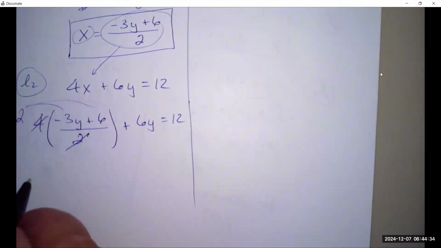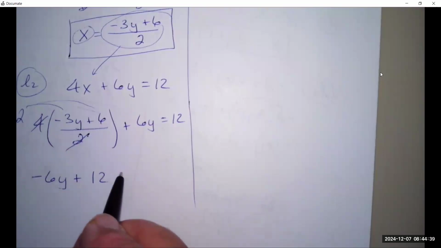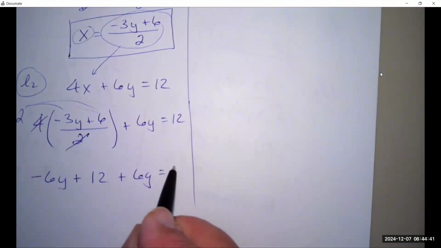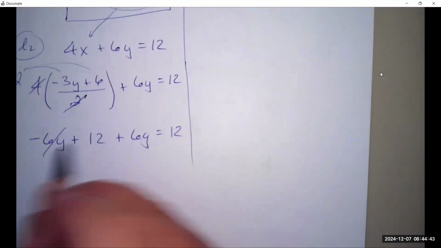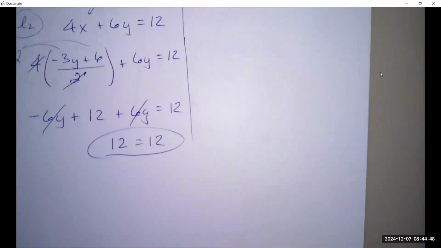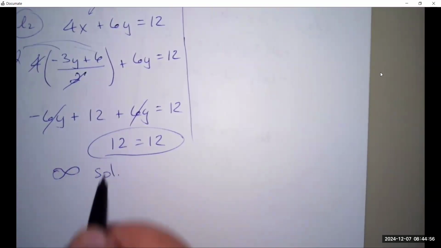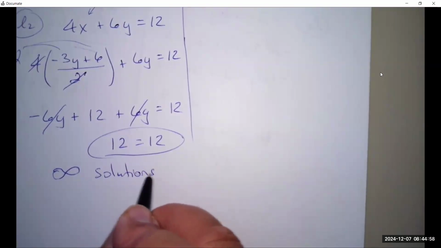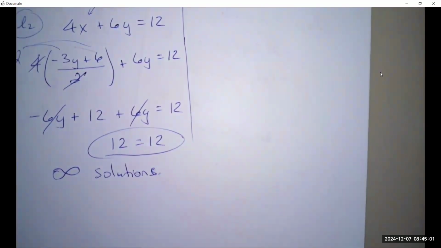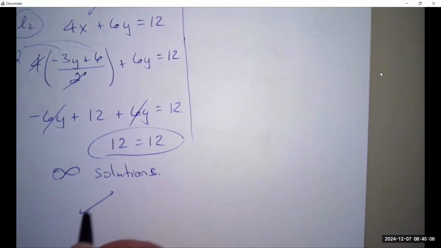So we distribute. So we got negative 6y plus 12 plus 6y equals 12. The 6y's cancel. Since 12 equals 12, no matter what, then we know we have infinite solutions. Any x and any y will be a solution. They're the same line.